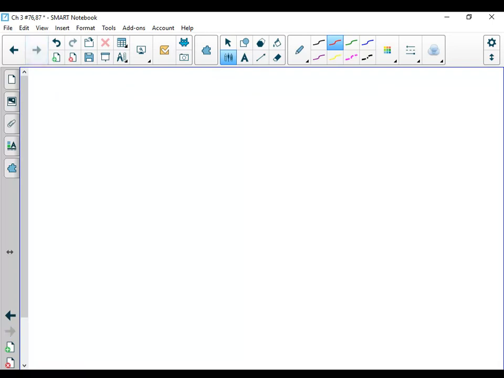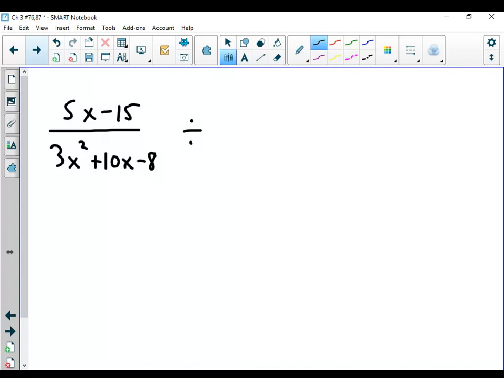So let's say that I had this situation. I had 5x minus 15 divided by 3x squared plus 10x minus 8. And that is supposed to be divided by these two expressions, x squared plus x minus 12 over 3x squared minus 8x plus 4.